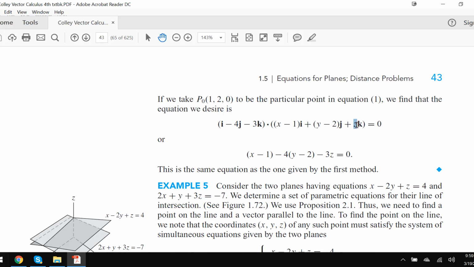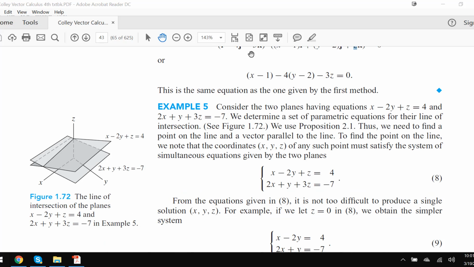And then these are the ones we subtract to get this. And here's the normal. We do the dot product equals 0, and we just multiply this out to get this. And this is basically the same equation that we got doing it the less sophisticated way.